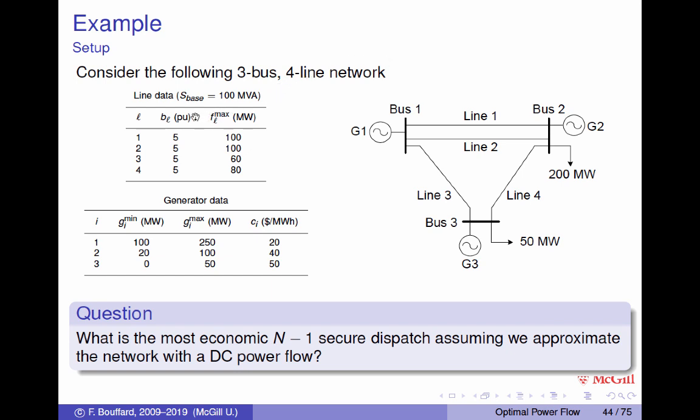We see here that we have four electrically identical lines, but with different flow limits. We have generators with minimum and maximum generation limits with a strictly linear generation cost function.